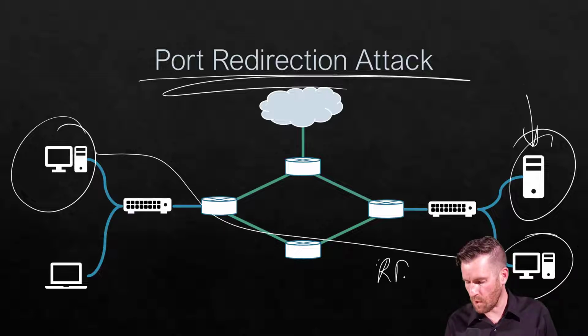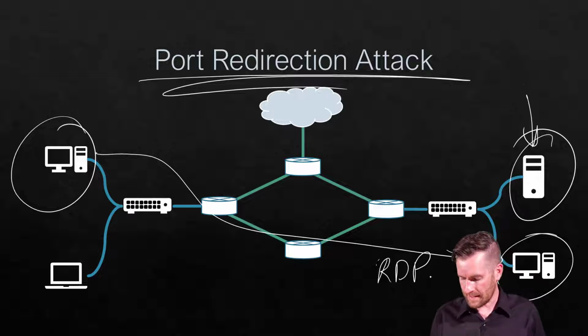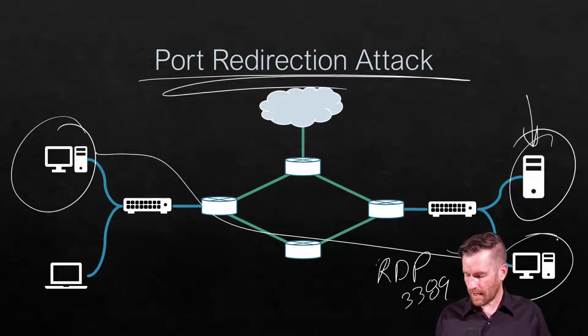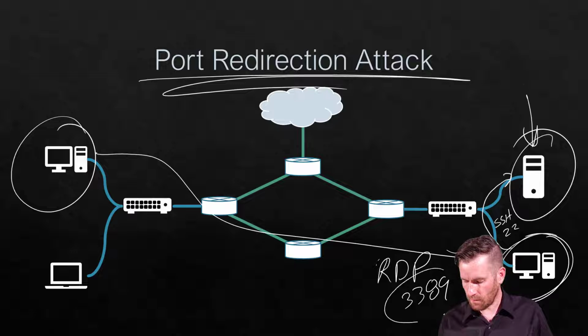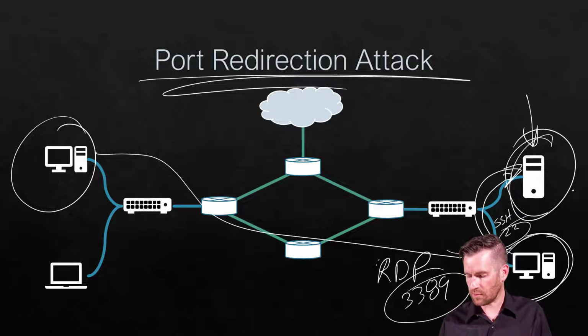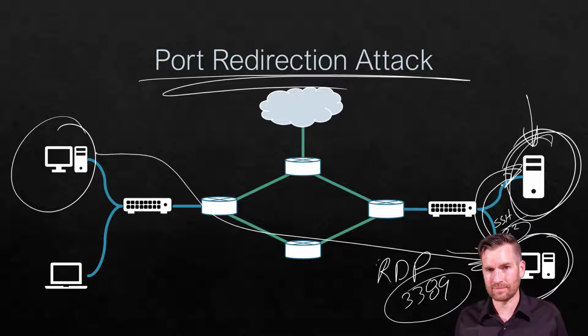So it does a Remote Desktop Protocol session into this machine, and this is on port 3389. Now it has remote control over this machine, and then it uses the SSH program to SSH into here, and that is on port 22. So it's redirecting from port 3389 to port 22 to get onto this machine right here.